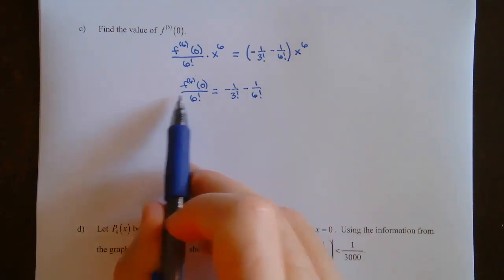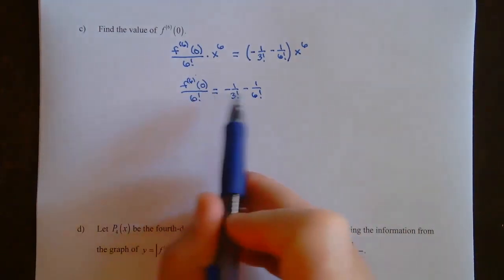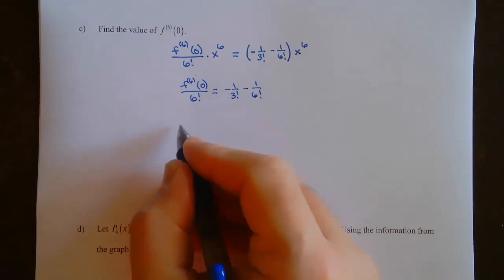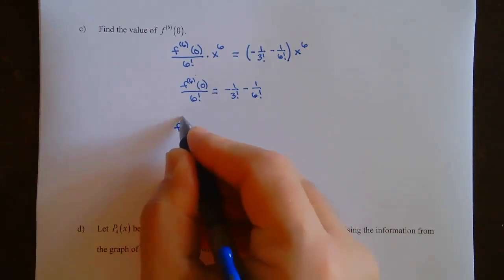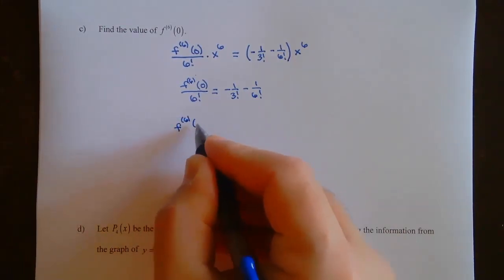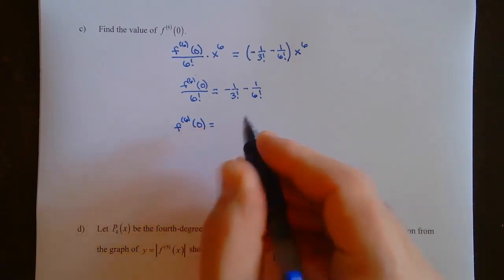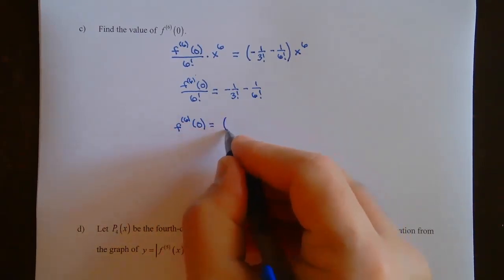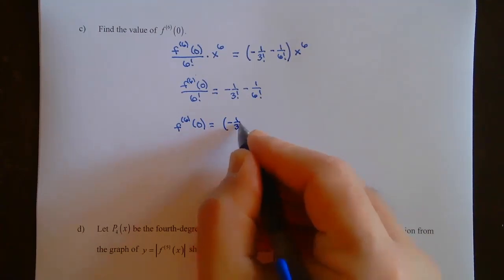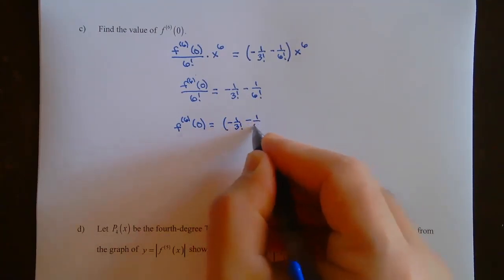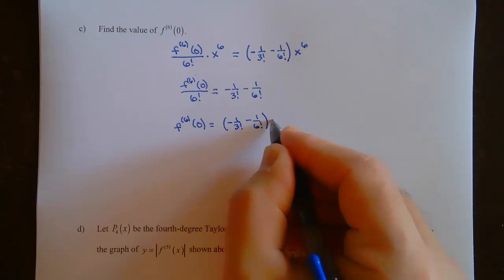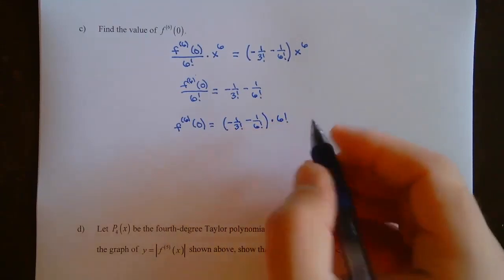So I'm going to multiply both sides because this is an equation. I'm going to multiply both sides by 6 factorial, and that will give me the 6th derivative. Okay, so this would be negative 1 over 3 factorial minus 1 over 6 factorial, times 6 factorial, okay?